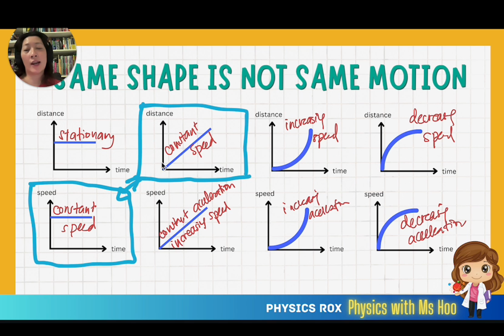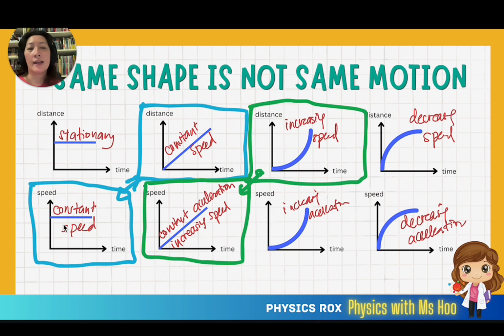So these two are actually showing the same motion. Similarly, a speed time graph which has an increasing speed at constant acceleration might be the same as a curved graph for a distance time. So same shape is not the same motion, but you can still get two different graphs showing the same motion, but of course with different shapes. As long as you can understand how the gradient relates to the different quantity, you should be able to work it out.